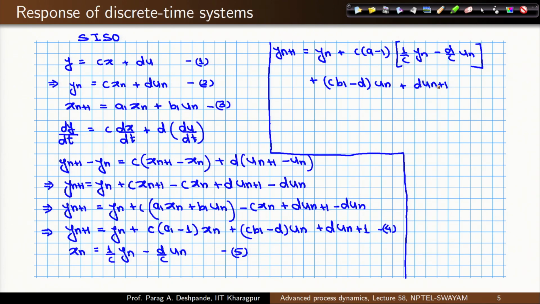And we can do further rearrangements to see that y n plus 1 can be written as some quantity alpha, where alpha will be in terms of a, b, c, d, times y n, plus some quantity beta times u n, plus some quantity gamma times u n plus 1. Now, see what has happened when I have obtained equation number 6.